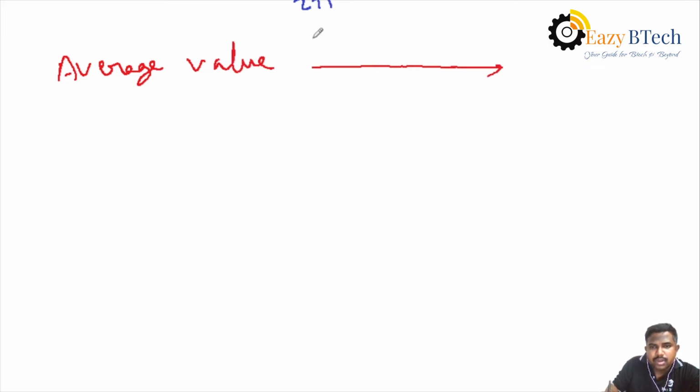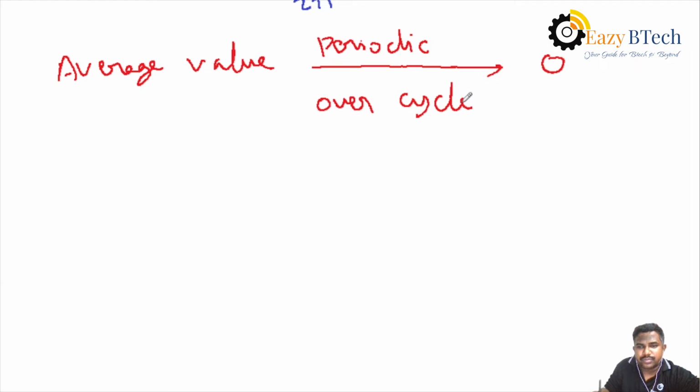The average value of a periodic waveform over a complete cycle is 0.